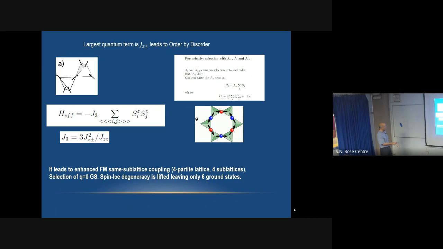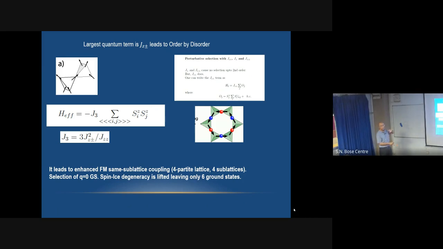So this guy starts coupling to this guy, and that coupling turns out to be ferromagnetic. In other words, it wants this spin to be parallel to this spin over here. And so in the set of all ice rules obeying configurations, it picks out a Q equal to 0 configuration.